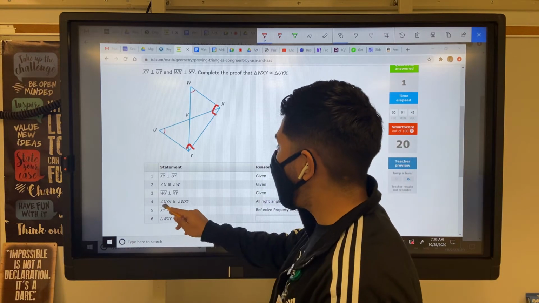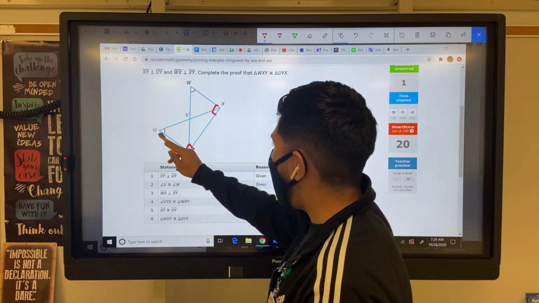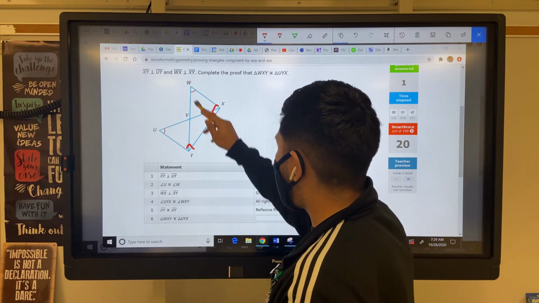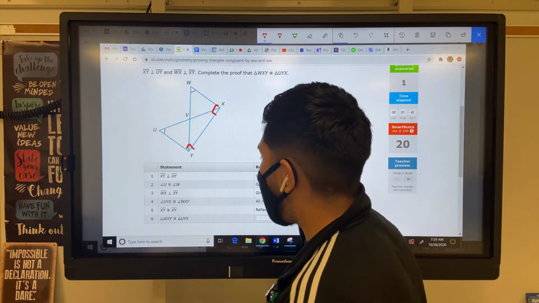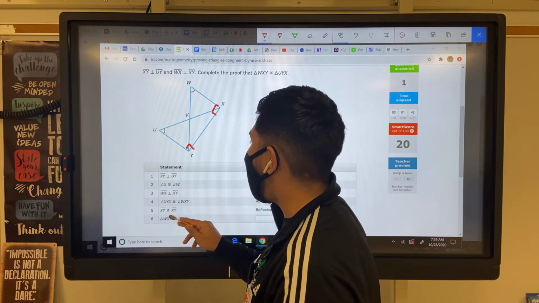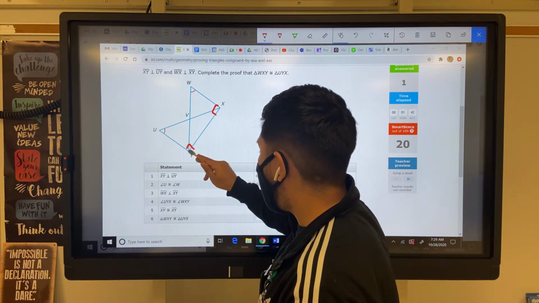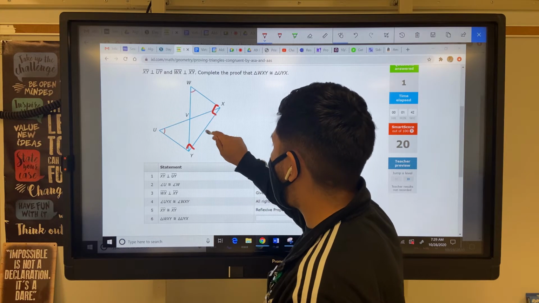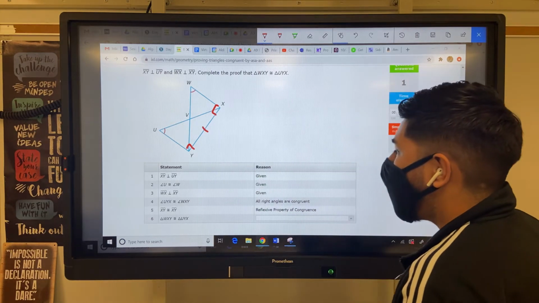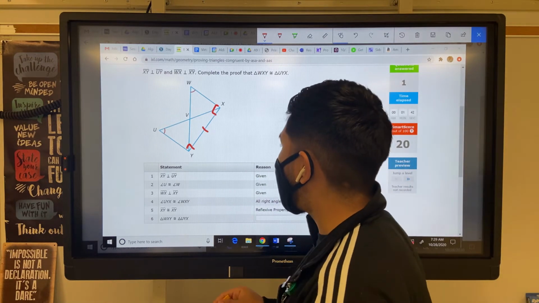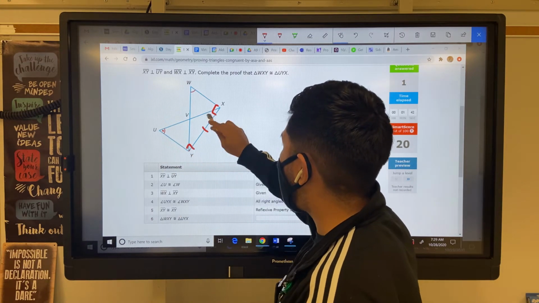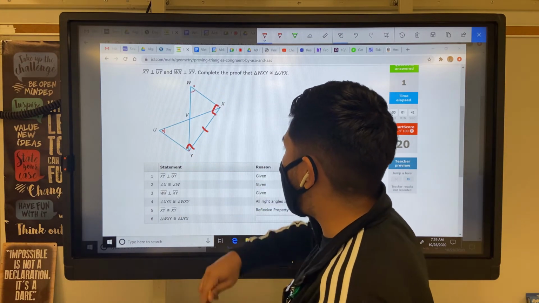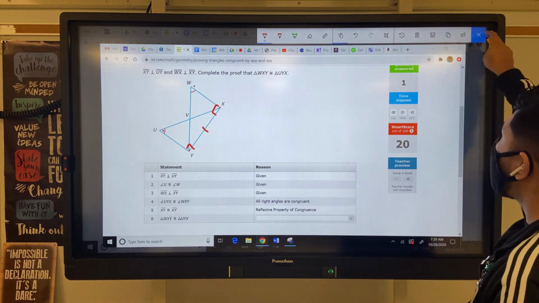Angle UYX is congruent to the same, right, because of 90 degrees. And then side XY is congruent to XY. Okay, so how are these congruent? So right here looks the same. Angle, angle, side. Angle, angle, side. Not too bad.